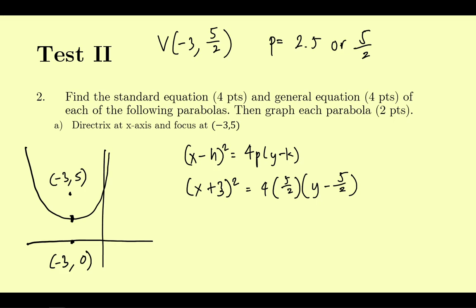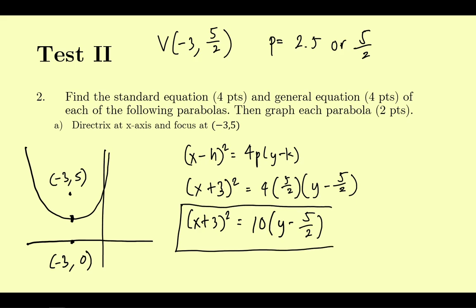Okay, next. x plus 3 squared is equal to, what is this? 20 over 2, which is equal to 10. 4 times 5 halves is equal to 10, basically, times y minus 5 halves. This is your standard equation already.